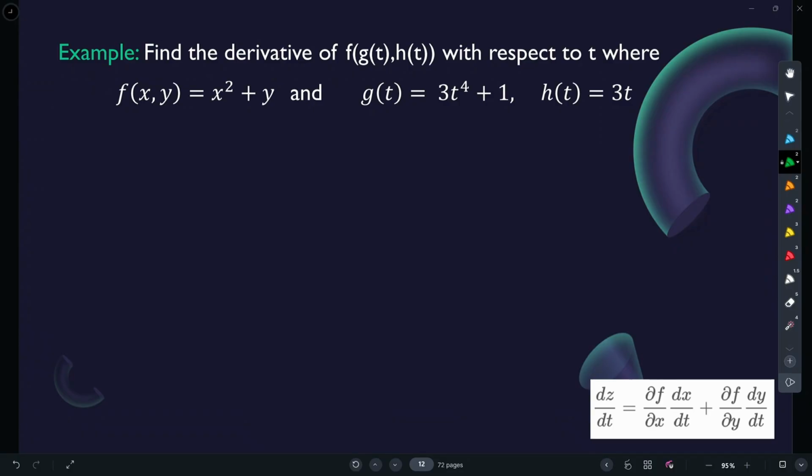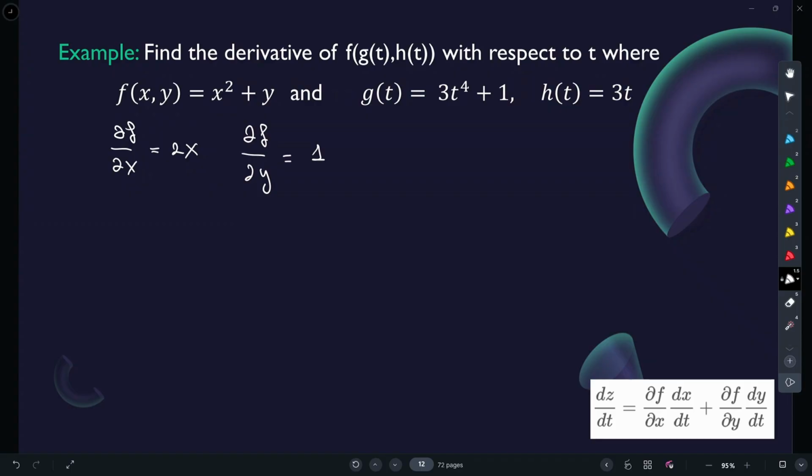So here are my function f, my function g, and my function h. First, let's figure out the partial derivatives of f. The derivative of f with respect to x is 2x. The derivative of f with respect to y is just 1.